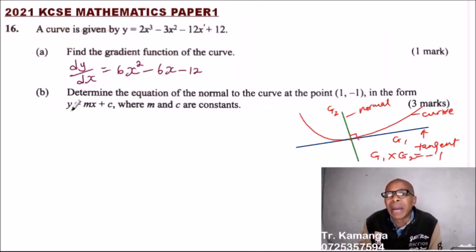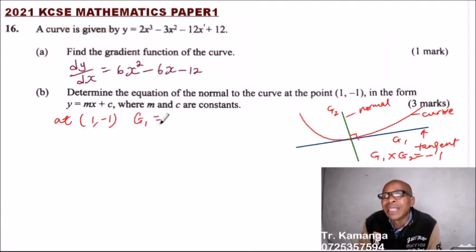Since in part A we have gotten the gradient function, we can now say we are told the gradient at 1, minus 1. The gradient of the tangent, which we can call G1, equals: we substitute the value of x in our gradient function.